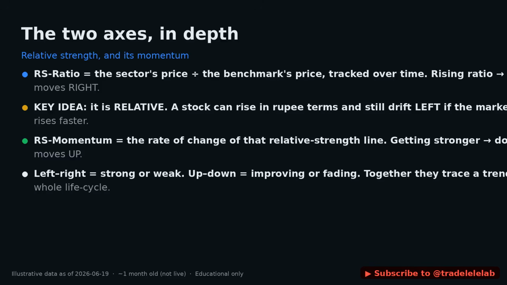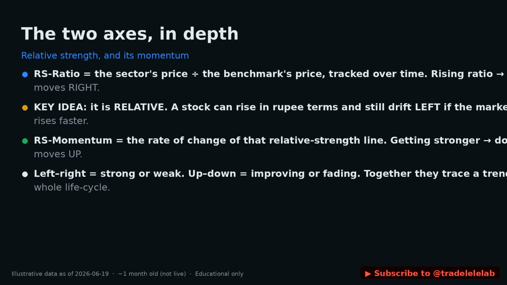Let us slow down and really understand these two axes, because they are the heart of the graph. Start with the horizontal axis, the RS ratio. RS stands for relative strength. To build it, we simply compare the price of our sector to the price of the benchmark, the Nifty 50, and we watch how that comparison behaves over time.